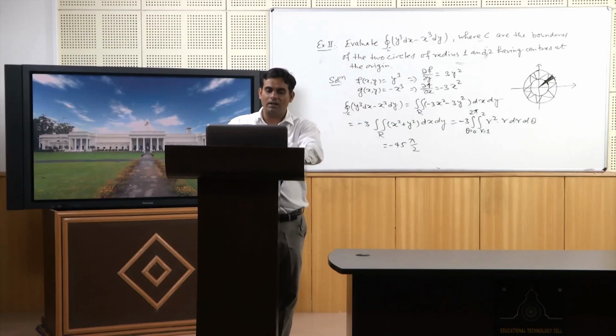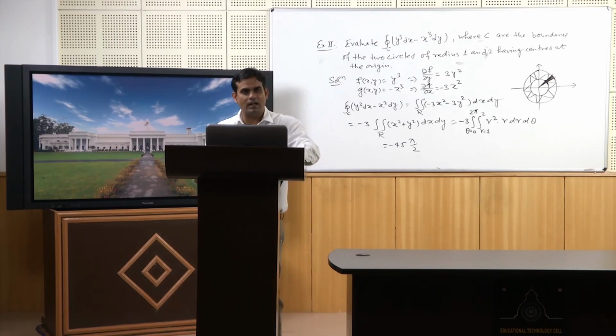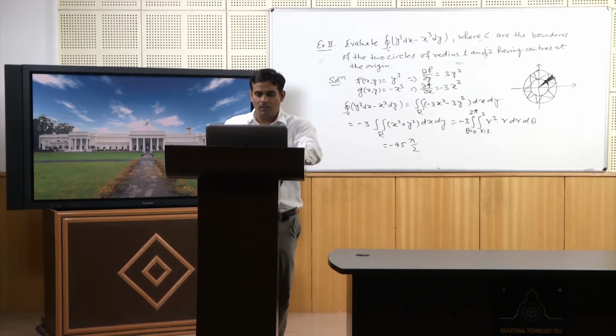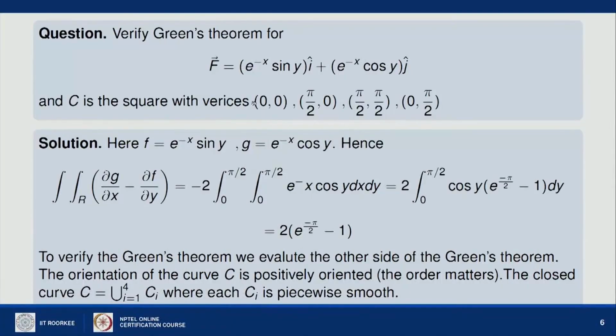Now, for the verification of Green's theorem, I need to calculate the left hand side also and it should be equal to the result of the right hand side. Now, if we see the closed curve C, it is not entirely smooth, but it is piecewise smooth. It has 4 arcs, one from (0, 0) to (pi by 2, 0), another from (pi by 2, 0) to (pi by 2, pi by 2).